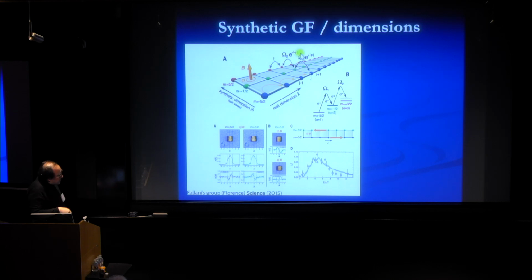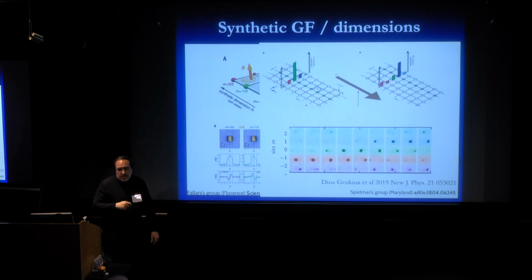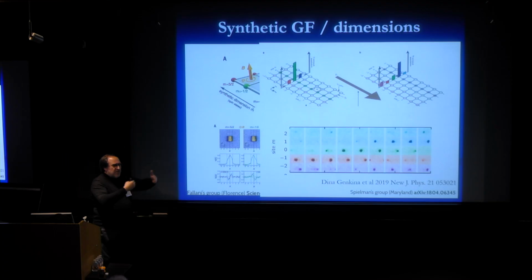And in this 2015 paper, this is something that was done. Very similar experiments were done in the group of Ian Spielman in Maryland at the time. There are very similar experiments done in the group of Jean Dalibard and Sylvain Nascimbène at Collège de France, where, I forgot, 11 or 13 chains are probed.